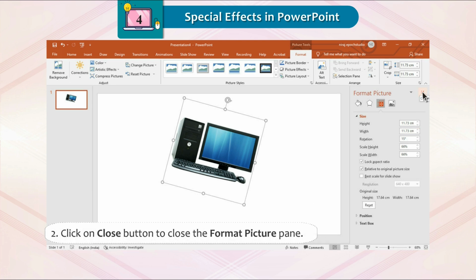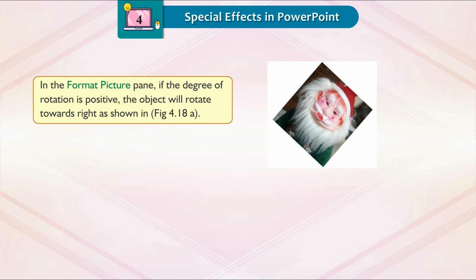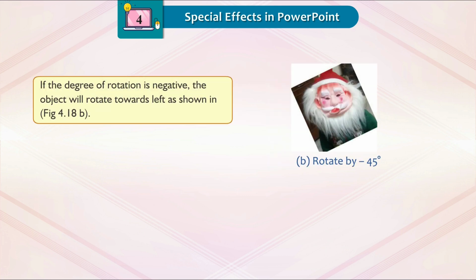Click on Close button to close the Format Picture pane. In the Format Picture pane, if the degree of rotation is positive, the object will rotate towards right as shown in figure 4.18a. If the degree of rotation is negative, the object will rotate towards left as shown in figure 4.18b.